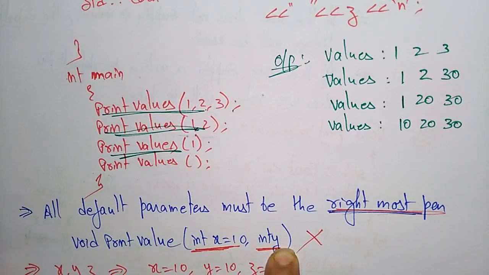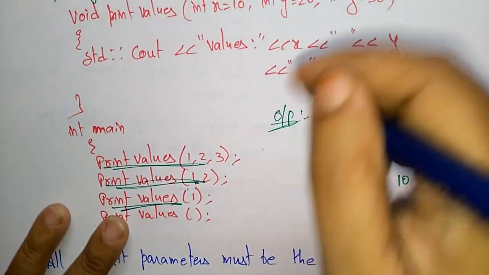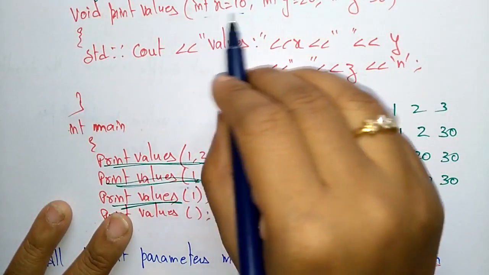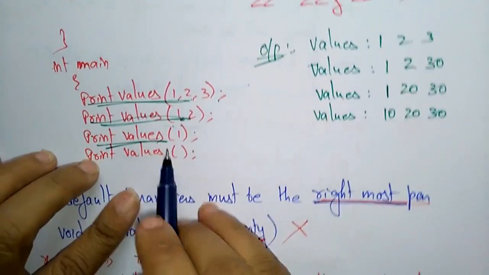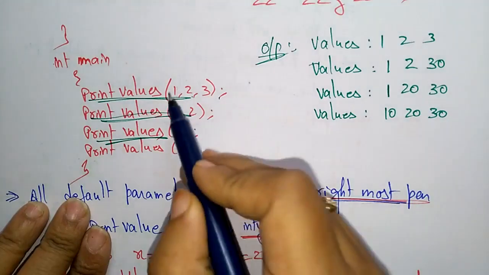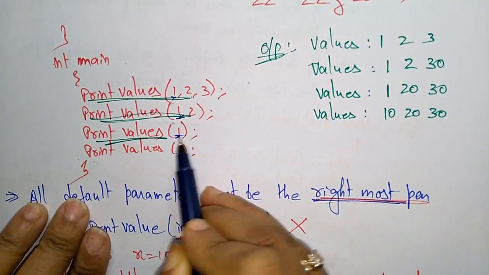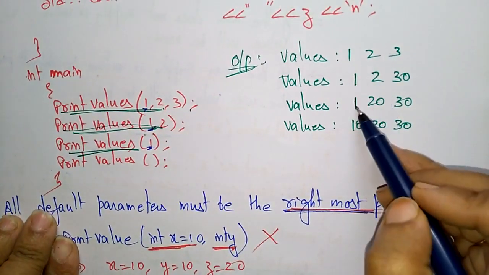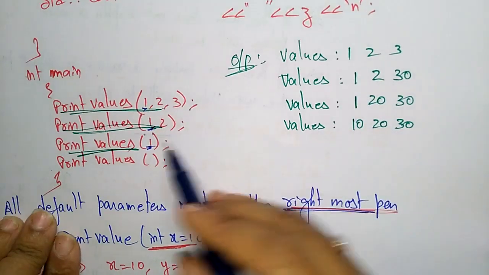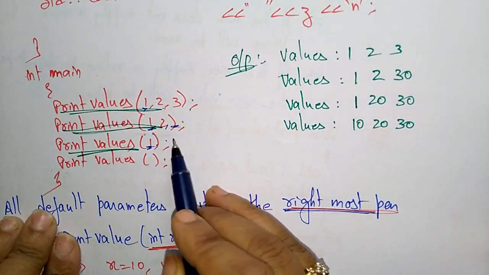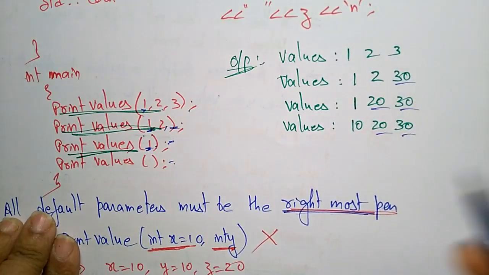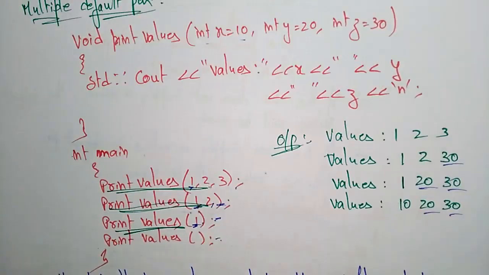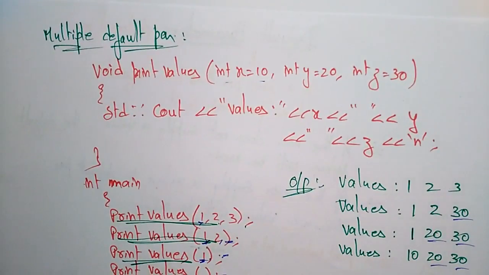If the user is supplying only one parameter, then the user has to give the value to the leftmost. So here also, the user is providing the value to the leftmost, here 1, 1, 1. The rightmost will take the default values, so that is 30, 20, 30 like that. Okay. So this is about the default parameters. Thank you.